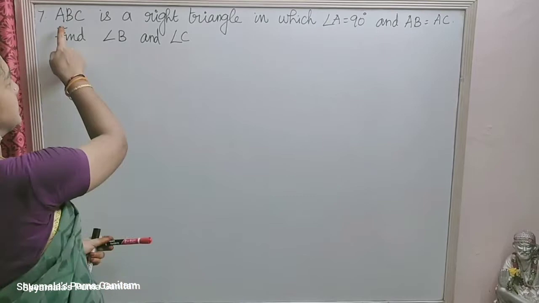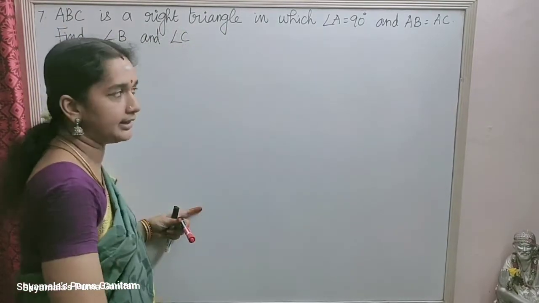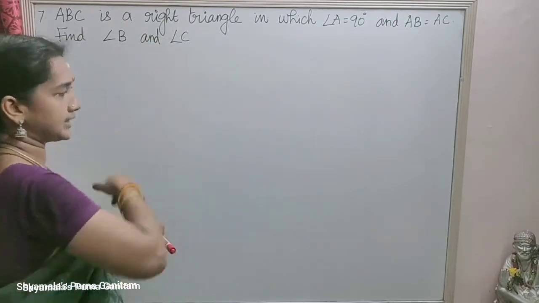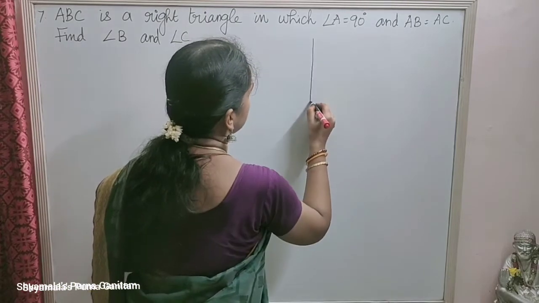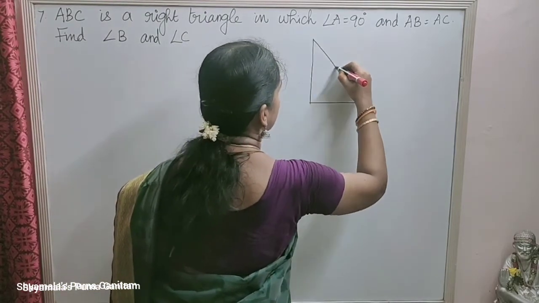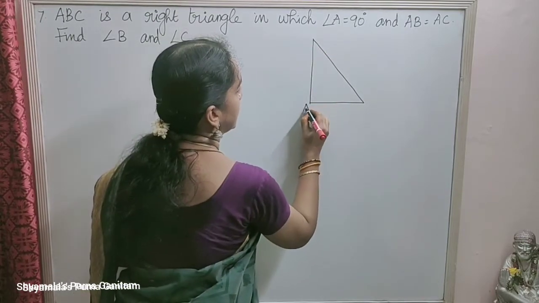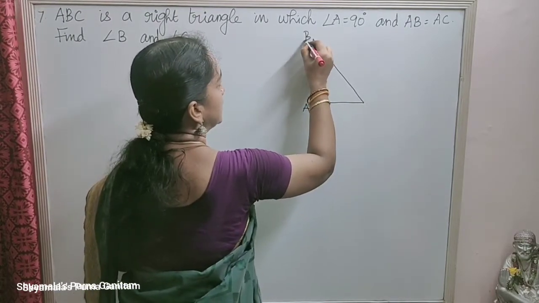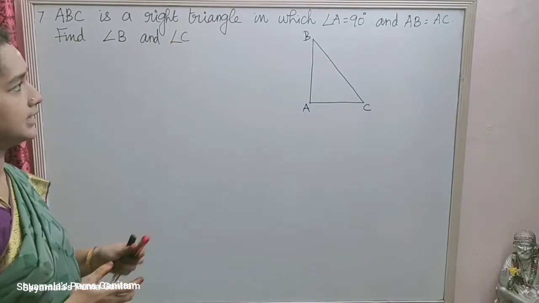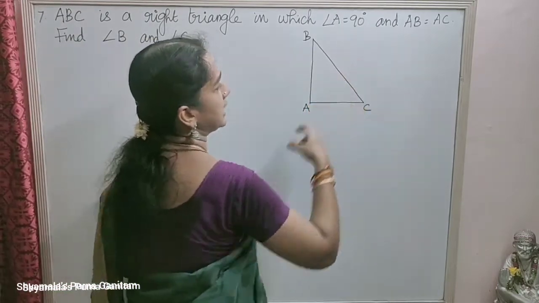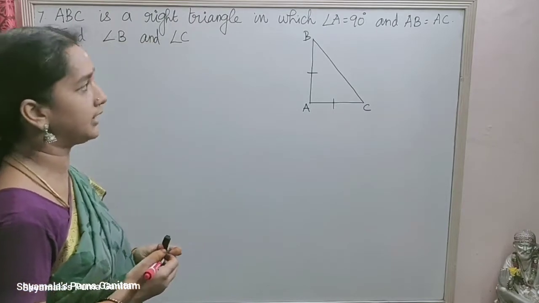The next sum is the 7th one. ABC is a right triangle in which angle A is equal to 90 degrees and AB is equal to AC. Find angle B and angle C. So the other two angles are angle B and angle C, and it is given that AB and AC, these two lengths, are equal.